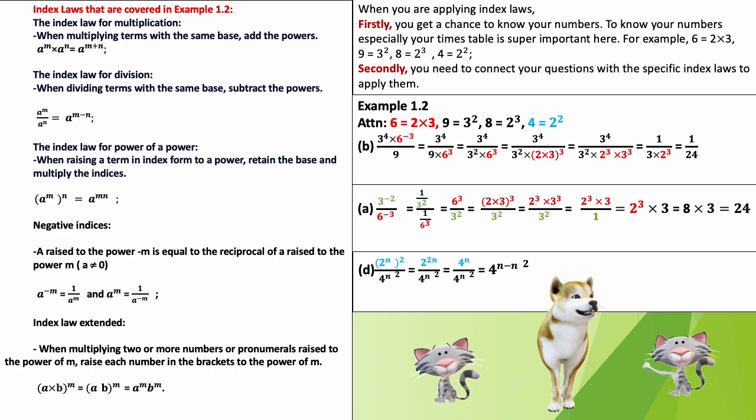The index law for division: when dividing terms with the same base, subtract the powers. A to the power of m over a to the power of n equals a to the power of m minus n.